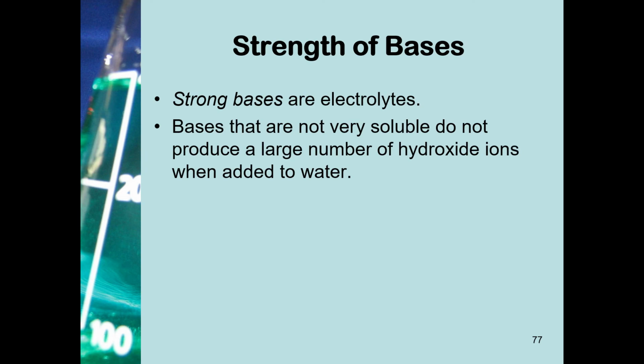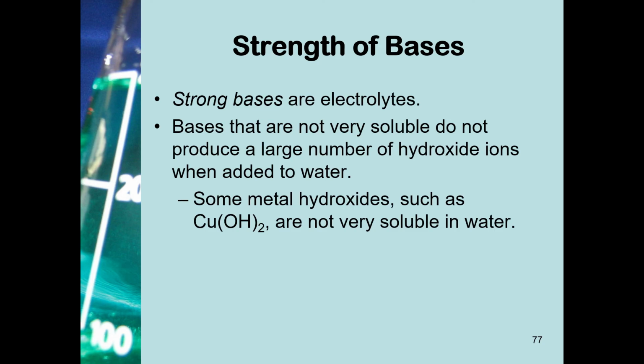Strong bases, because they produce ions, are electrolytes. And bases that are not very soluble do not produce a large number of hydroxide ions when they're added to water, and so consequently they're not very strong. They're considered weak bases. So for example, a metal hydroxide like copper hydroxide is not very soluble in water. Only a small amount dissolves in water.